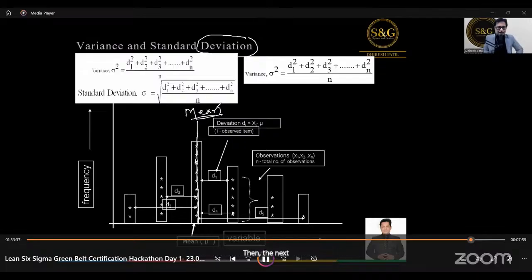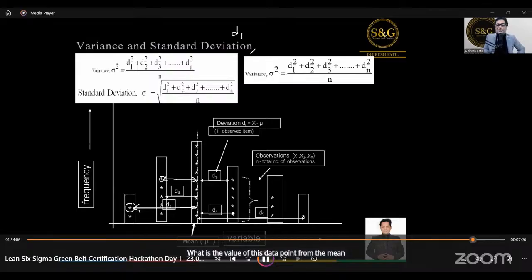Once we have calculated the mean, the next step is to find the deviation of each and every value from the mean. For example, this is data point number 1. What is the distance between the mean and this data point? Let's call it D1. The distance of this data point from the mean, let's call it D2. Then this one, let's call it D3.